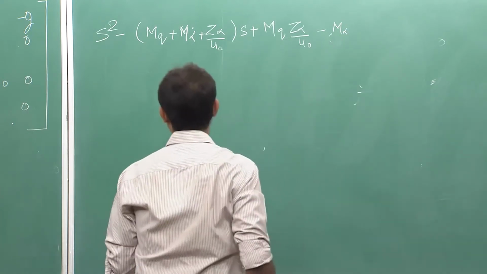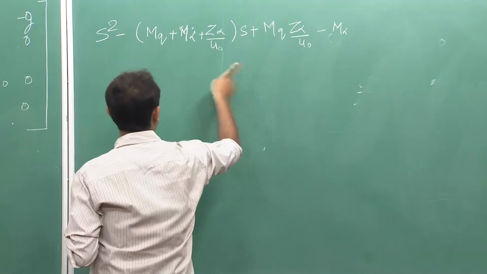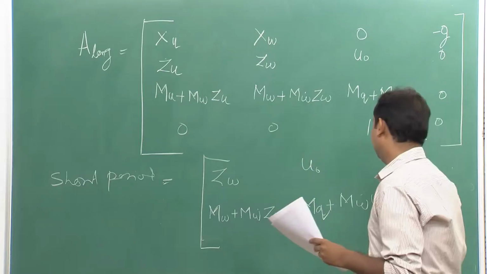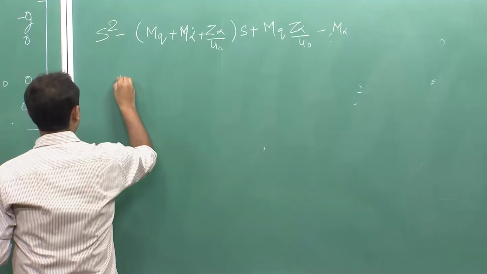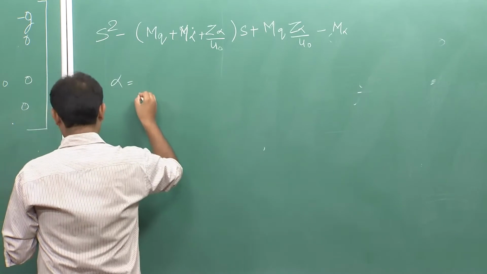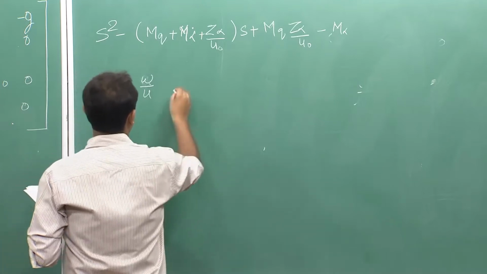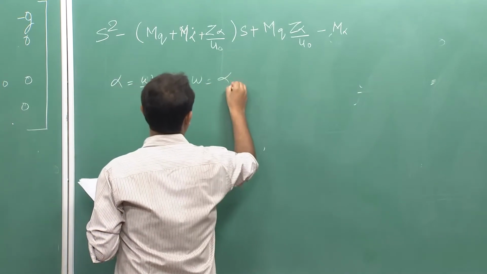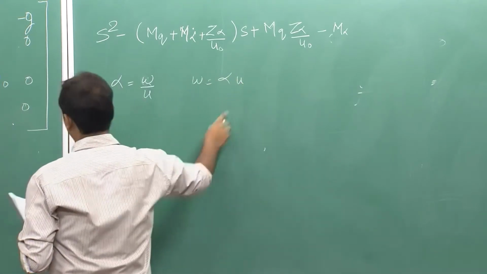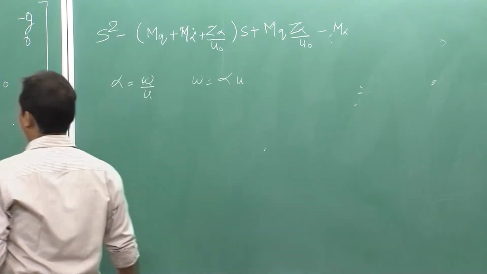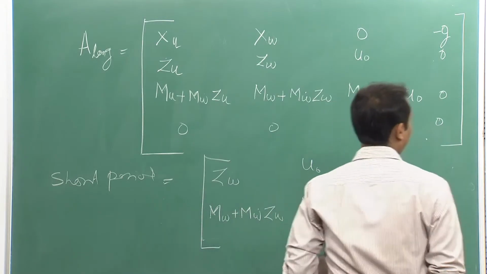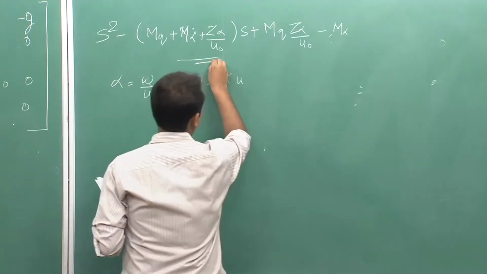You might have noticed I have written M alpha dot and M alpha instead of MW. That you can easily derive since you know that alpha is given by w upon u, so you can replace w by alpha into u. Making this substitution in our equation, you will come to this characteristic equation.